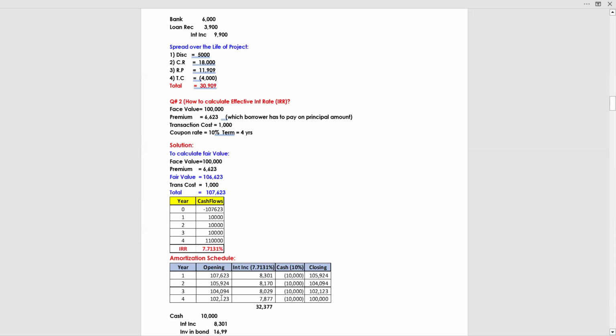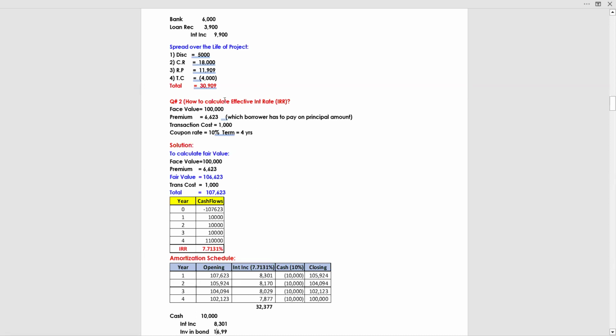And in the fourth year, you also apply the effective interest rate on 10123, which gives you the figure of 7877, as you receive 10,000 interest throughout the years. So the closing is 1 lakh, which you can see is equal to face value. But you can ask why there is no premium in the end.